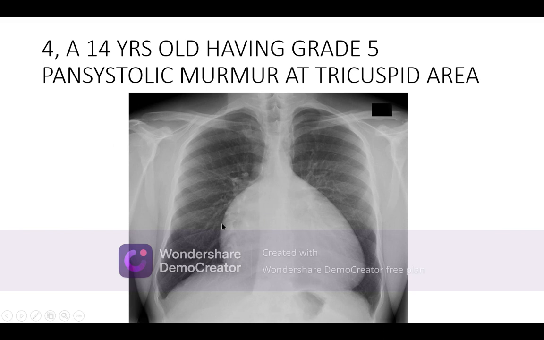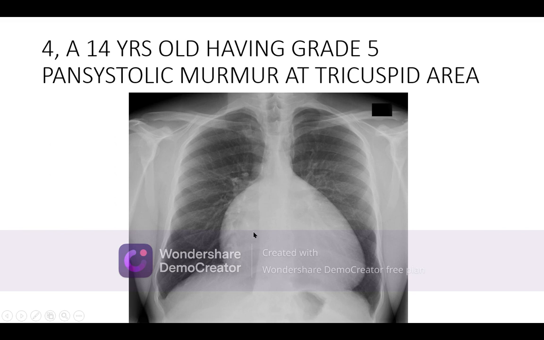So lesions of this type, and another abnormality called Ebstein anomaly, can cause this type of picture. In Ebstein anomaly, it means that the tricuspid valve, which is situated here with a diameter of about 6 centimeters, is going down from the normal position to lower down. The tricuspid is going down.